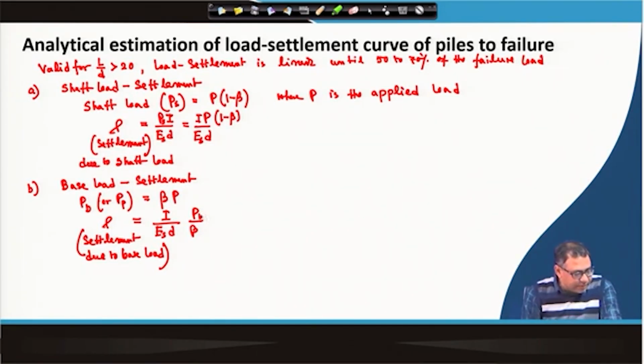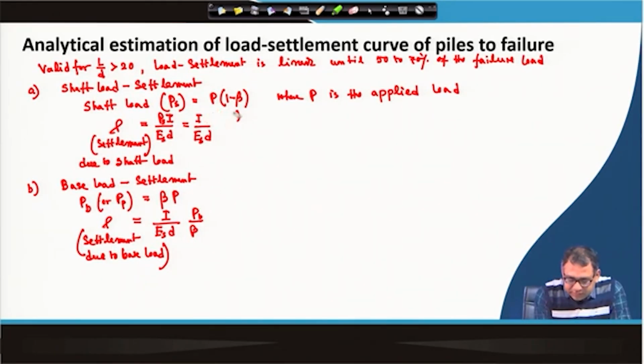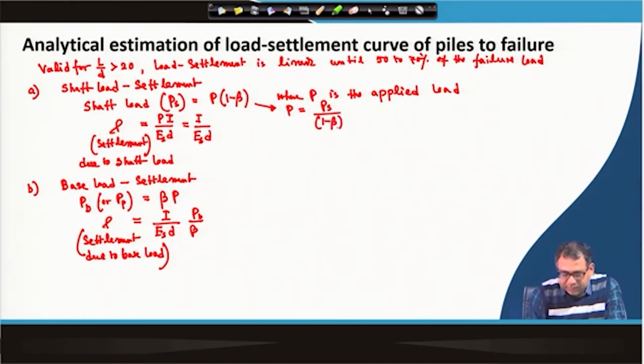Okay. So, this way we can represent that. So, this is Pb by B. This line I have to slightly modify. Actually, this is the total load and that we have to represent by Ps. So, P will be equal to Ps divided by (1 minus beta).